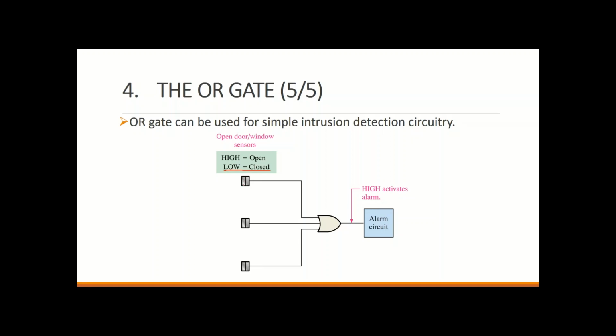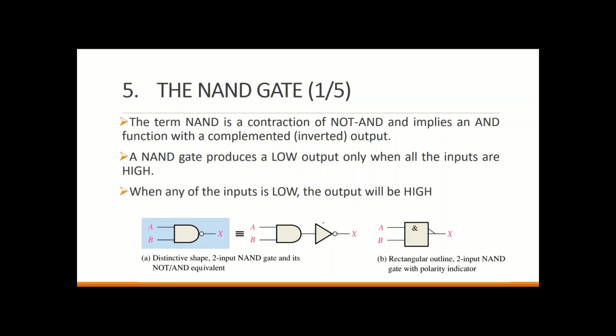If someone tries to open it, when it is open, it activates a state here with 1, so the output will be activated, and at the same time the alarm will start the siren. Alright, that's just a simple application like this. It's one of the applications; usually in reality it's much more complicated than that. However, it's possible to design it in such a way.